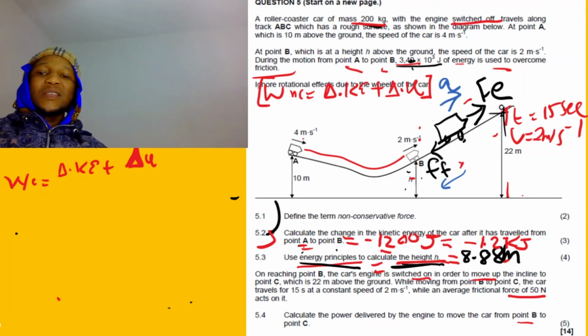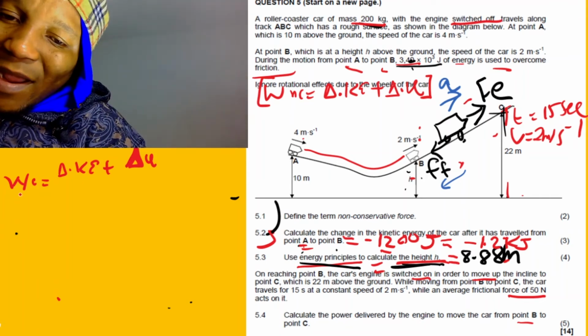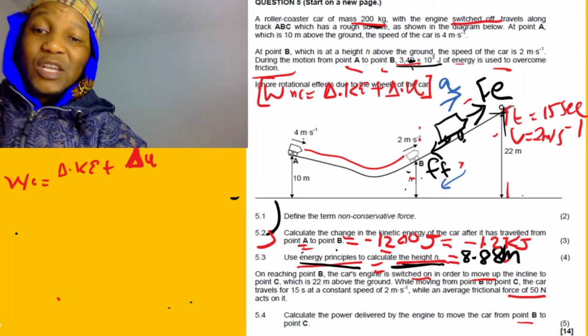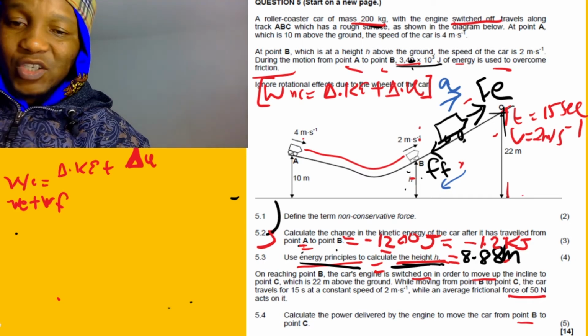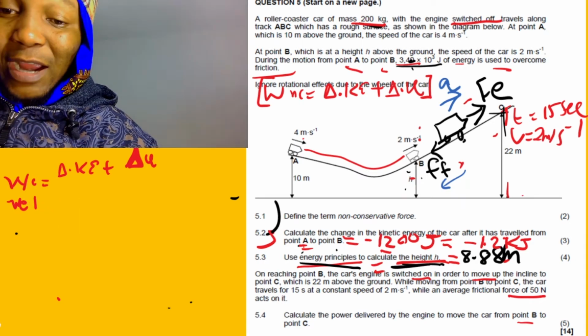Okay, so now let's get each one. In the work done here, we have two: work done by engine plus work done by friction, W friction.